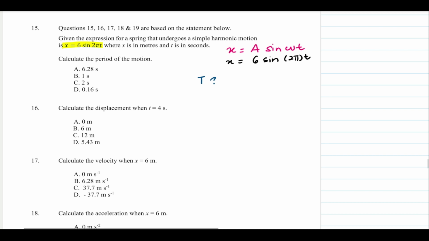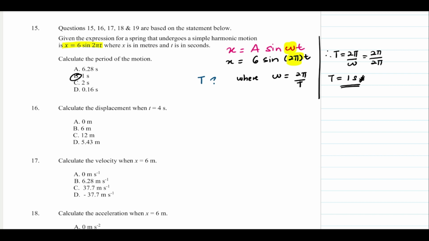Okay. Daripada omega sebenarnya kita boleh cari period. Okay. Where omega is equal to 2 pi over T. Okay. Therefore, T is equal to 2 pi over omega. Okay, omega kita dah tahu 2 pi. So, the answer for period is 1 second. Okay, so jawapan dia adalah B. Very simple. So, calculate the displacement when T is equal to 4 seconds.